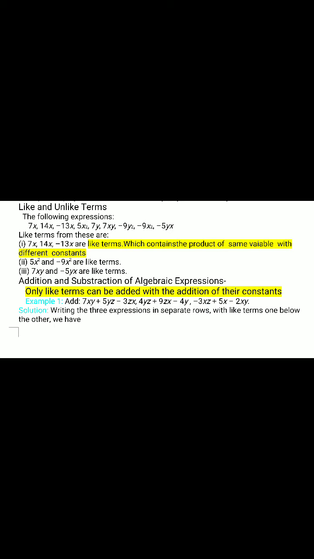Now, addition and subtraction of algebraic expressions. Only like terms can be added, with the addition of their coefficients. You have to find like terms and add their coefficients. Take 7xy plus 5yz minus 3zx, 4yz plus 9zx minus 4y, and minus 3xz plus 5x minus 2xy.